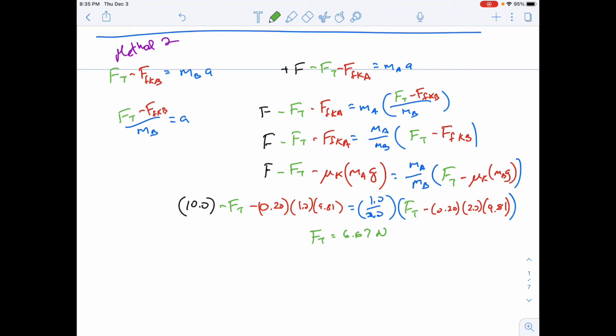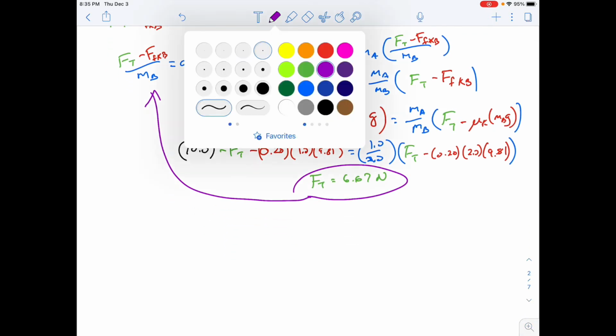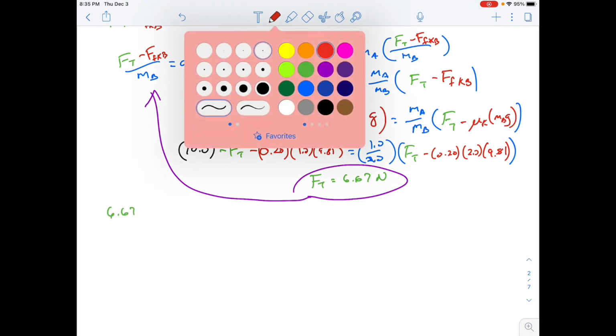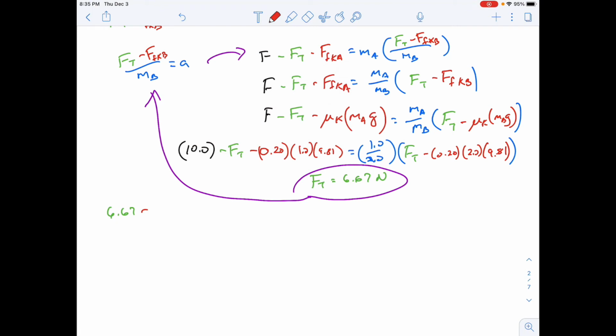And then of course, what you can do is, because we had taken this acceleration and plugged it in here, if you take this value and plug it back and work that out, we can say, okay, well 6.67 minus, now again, friction should be mu 0.20 times the mass of B, which is 2.0, times 9.81, because that's the weight of B, all over the mass of B, which is 2.0, equals acceleration.